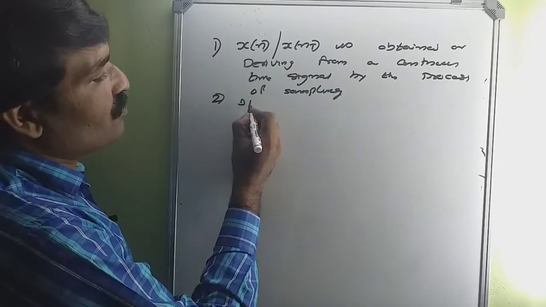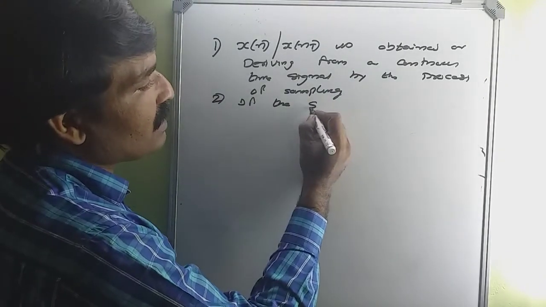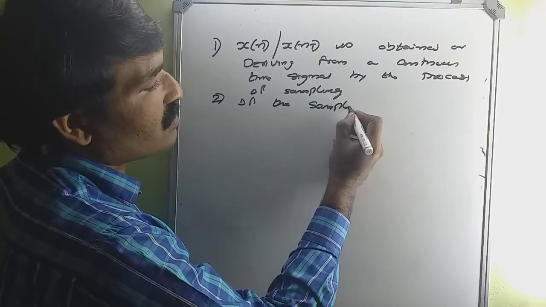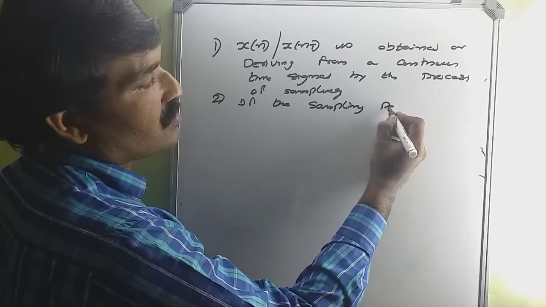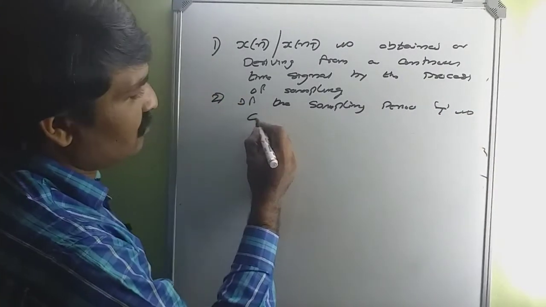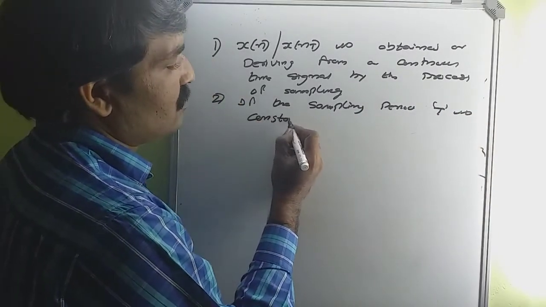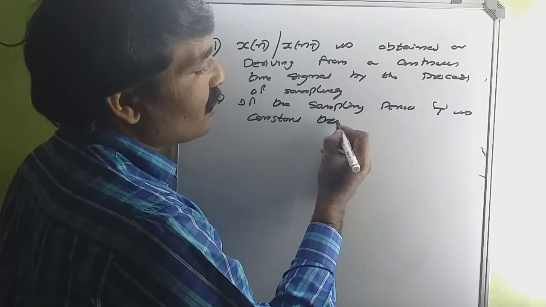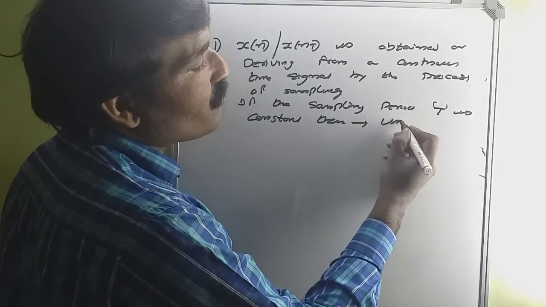If the sampling period T is constant, then it is called uniform sampling.